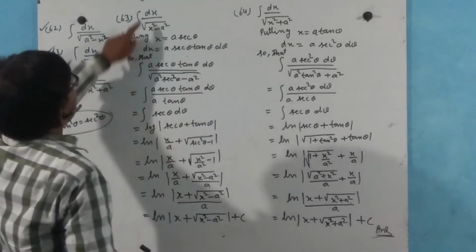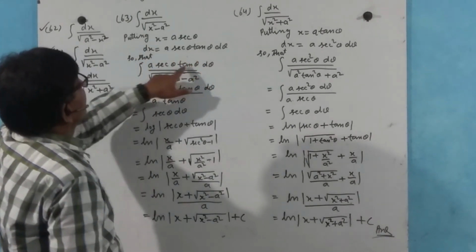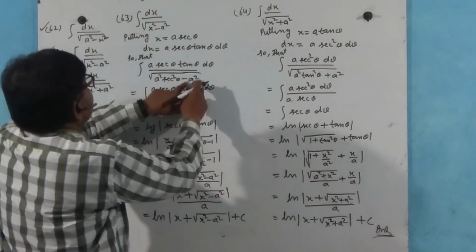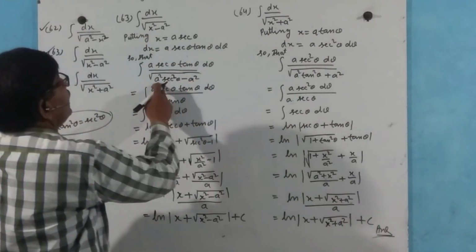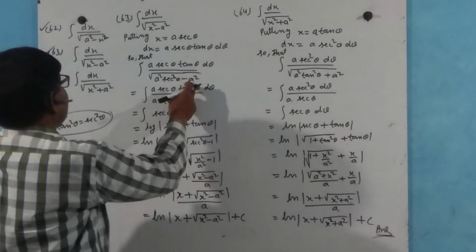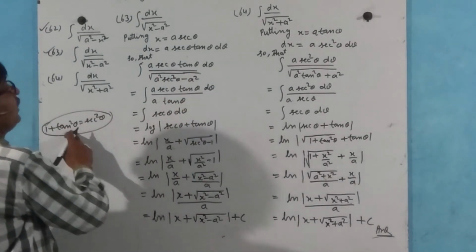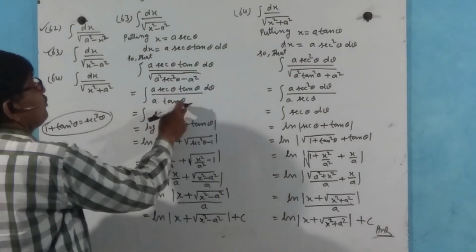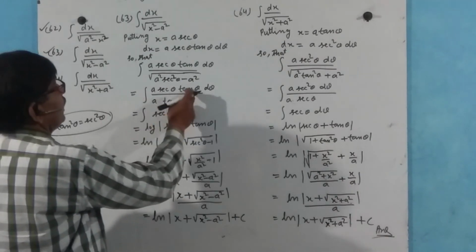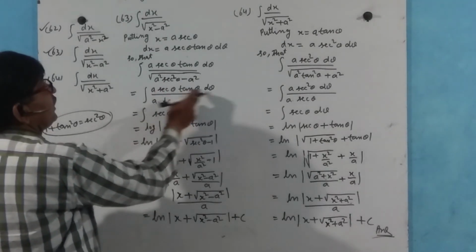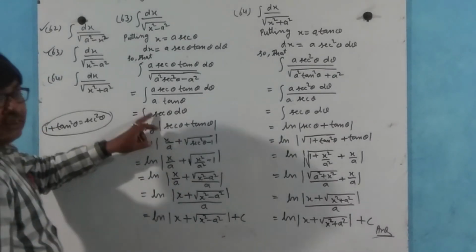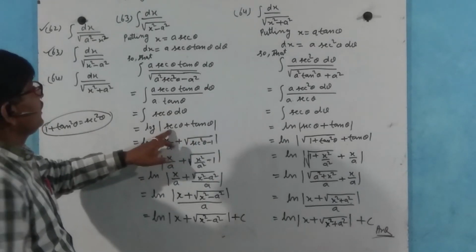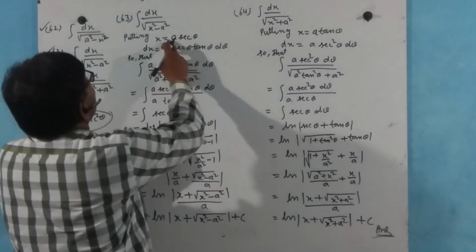Now dx equal to a sec theta tan theta d theta divided by under root a square sec square theta minus a square, and we take a square common, under root sec square theta minus 1, that is equal to tan square theta, and after removing the under root it is simply tan theta, so that a tan theta cancels, leaving sec theta d theta. Integration of sec theta equals log of sec theta plus tan theta, and sec theta equal to x by a.